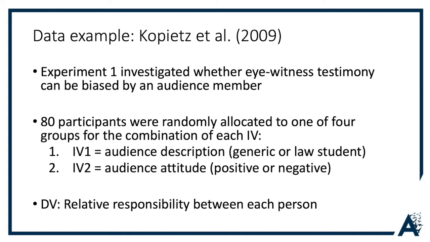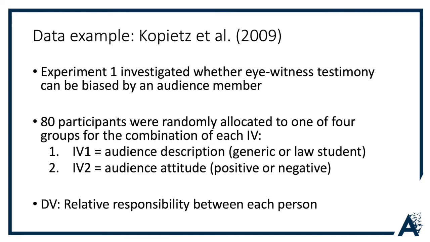So the eventual dependent variable, what we measured, was the relative responsibility between each person. So the responsibility for person A subtracted from person B, where greater positive values mean person A was more responsible for starting the fight.